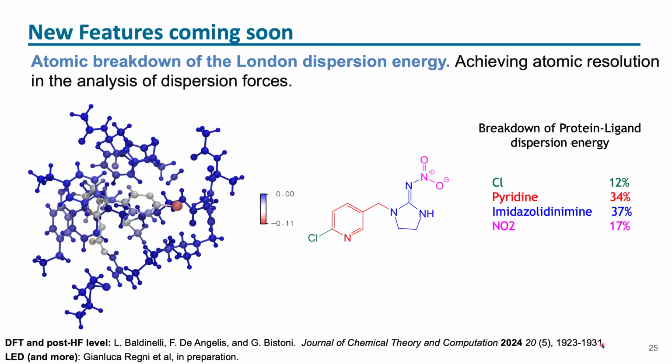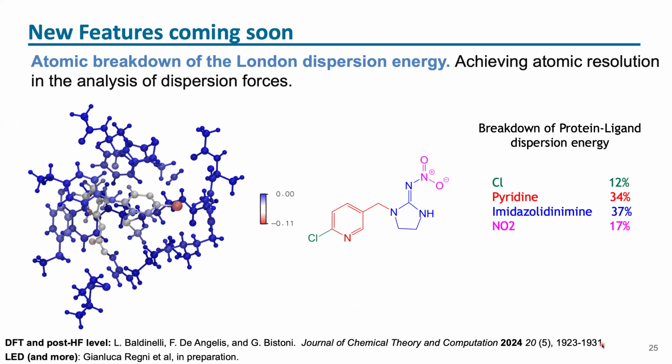In particular, in ORCA and only in ORCA, it will be possible to perform the atomic decomposition of the London dispersion energy extracted from the LED scheme. And this, I believe, opens up unprecedented opportunities for the detailed analysis of London dispersion effects in molecular chemistry.